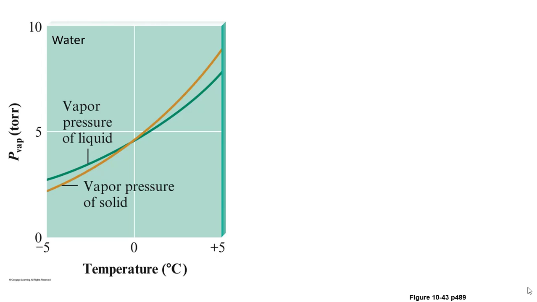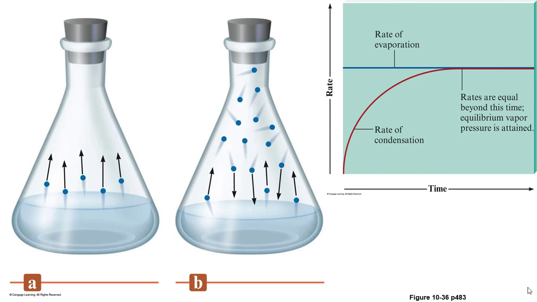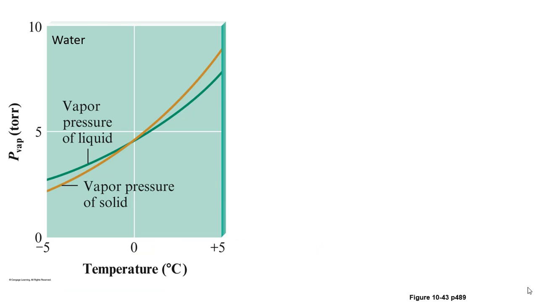And so this vapor pressure is one of these many different properties of ice that allows us to think through conceptually why water is a solid at temperatures less than zero and a liquid at temperatures more than zero. And so vapor pressure is exactly what we were just looking at here. This idea of you've got some gas molecules here above the liquid and you've got an equilibrium established.